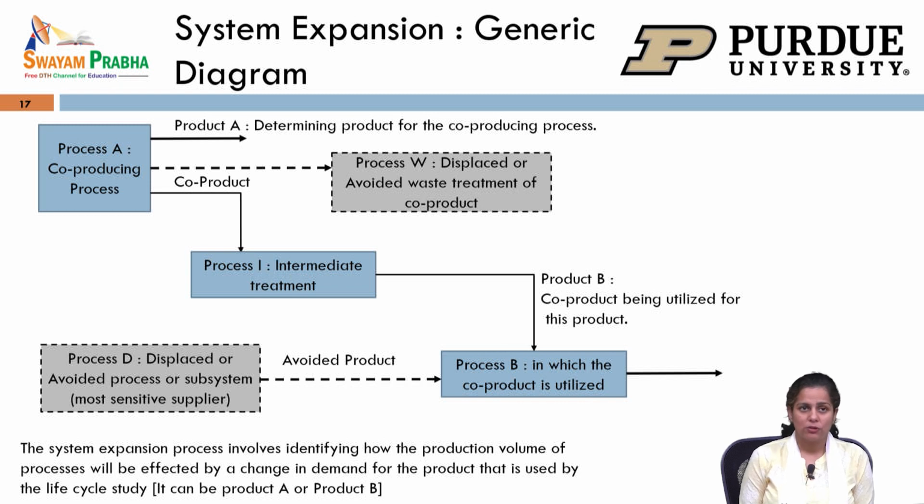But we are also giving the credit of process D, which is the displaced process, because we are using the co-product from process A itself. So, you will have to determine which process is being displaced and which is the intermediate treatment. The displaced one will give credit to product A. For intermediate treatment, we will add that impact to product A. So, that is how we avoid allocation of the impact of co-product to the product A itself.